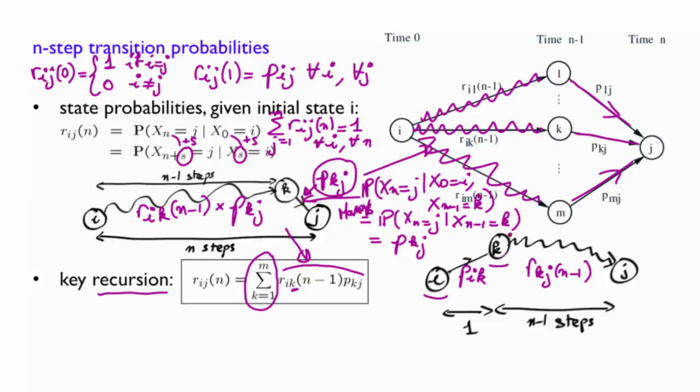Again, you have to consider all possible values for k here, and the application of the total probability theorem gives the following alternative recursion. r_ij(n) is the sum for all k equals 1 to m of p_ik times r_kj(n-1).